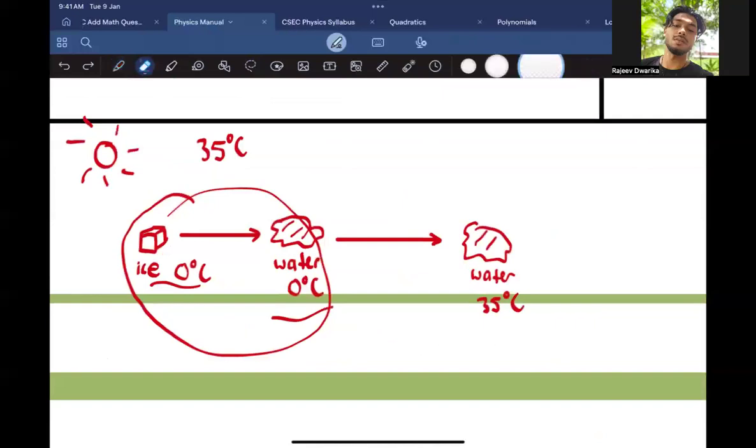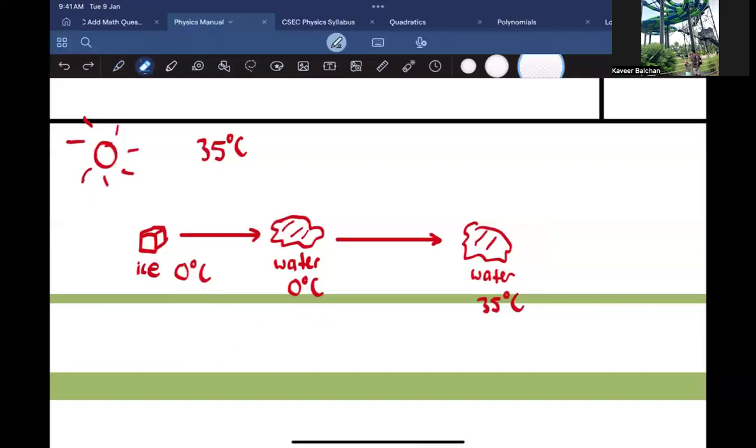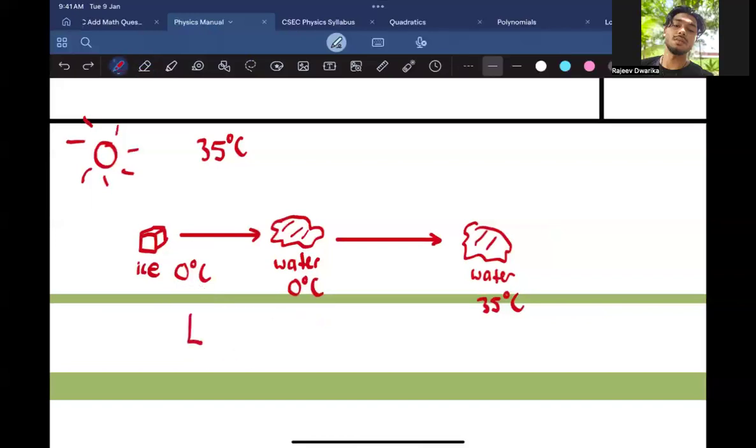So for this change over here, I would use the formula E equals mLf.